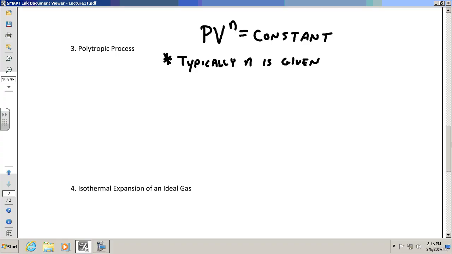A polytropic process simply means that pressure times volume to the nth power is a constant. Now, there are some special cases of that, and one of them is number 4 here. But when we have a polytropic process, generally the problem's going to say you have a polytropic process. So it's not going to be too much in disguise.